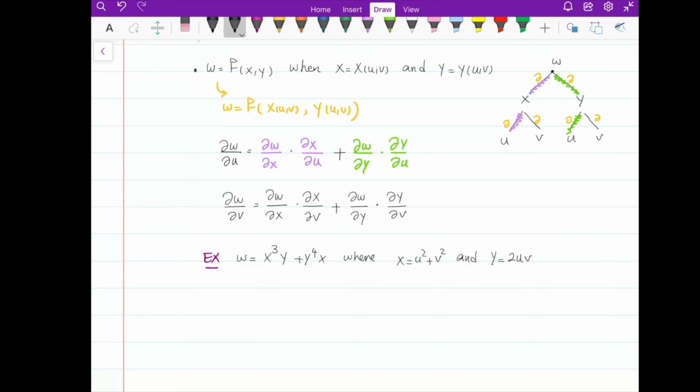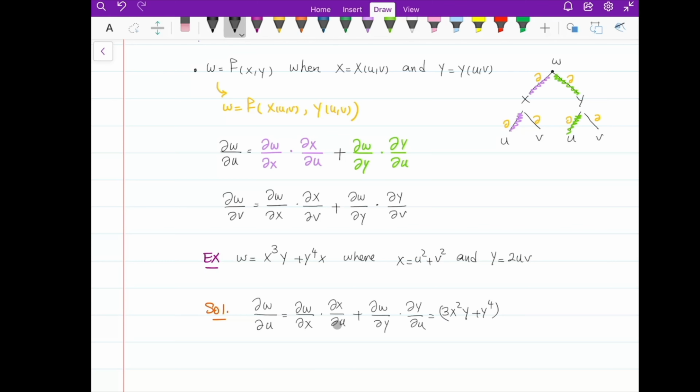Okay, so looking at the branch, I'm gonna find partial w partial u. With respect to u, I can go along this path in here and I write dw/dx du, or partial of w with respect to y dy/du. Partial of w with respect to x, y would be a constant, so 3x squared y plus y to the fourth.